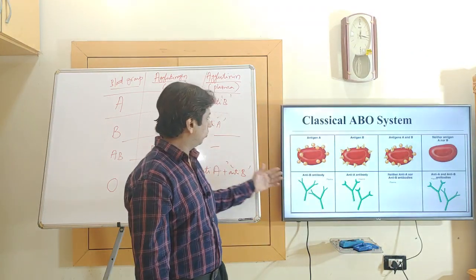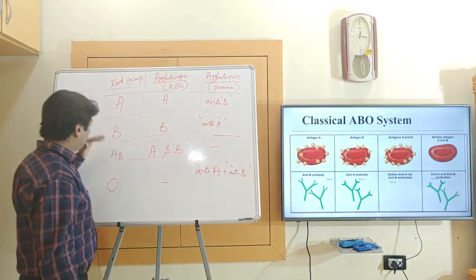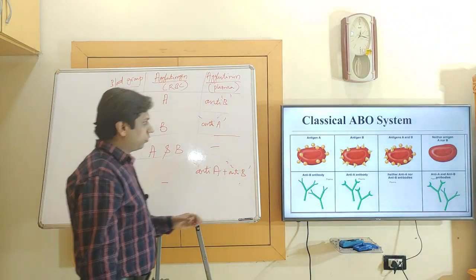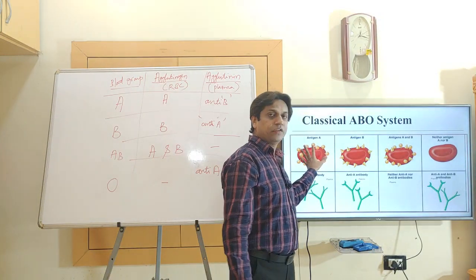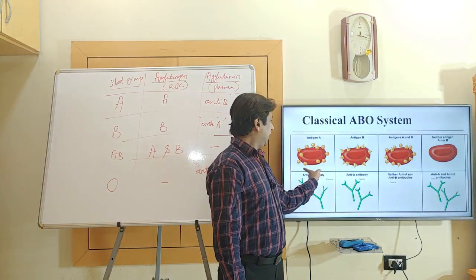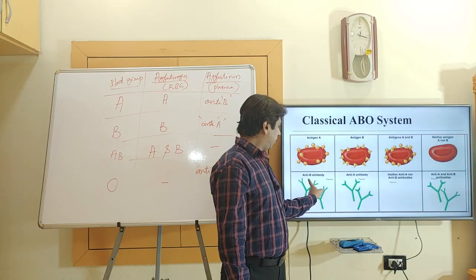Coming back to the classical ABO blood group system, again I repeat, it has 4 blood groups: A, B, AB and O. In persons having blood group A, there is A antigen or agglutinogen on the surface of the RBC, and anti-B antibody is present in the plasma.